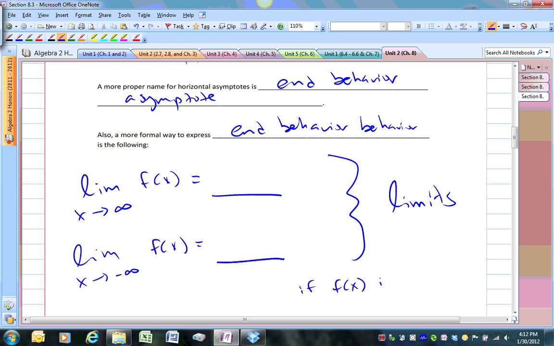If f of x is case number 1, when m is less than n, then the y value is going to approach 0 when x is approaching infinity or x approaching negative infinity.